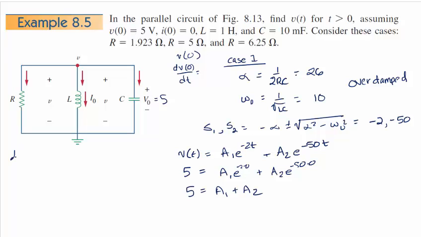So dV at time 0, which I just did on the previous slide, equals minus the voltage at time 0 plus R times the current at time 0, divided by R times C. The initial voltage here is 5, and the initial current is 0.